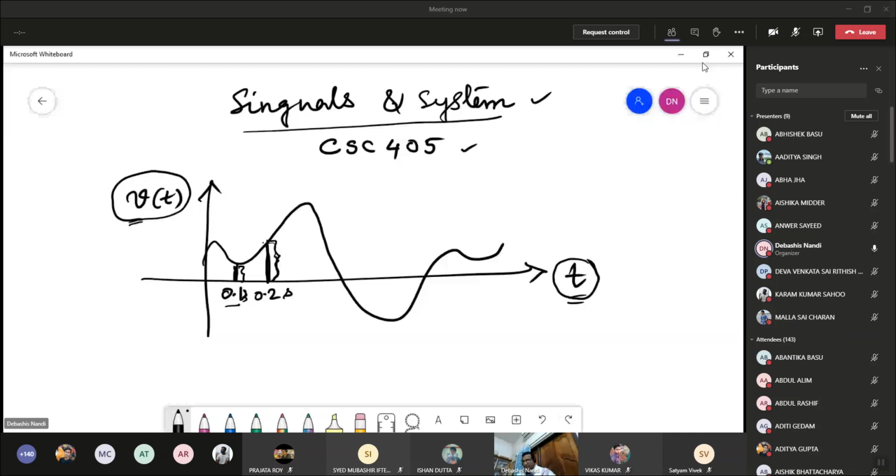Single value means it is one-to-one mapping. Okay. Corresponding to one value of t, you will get only one value of Vt. Okay. And that's why it is called a single-valued signal.